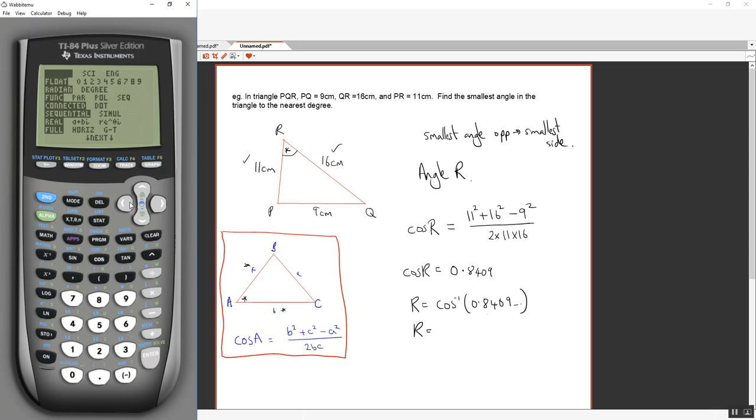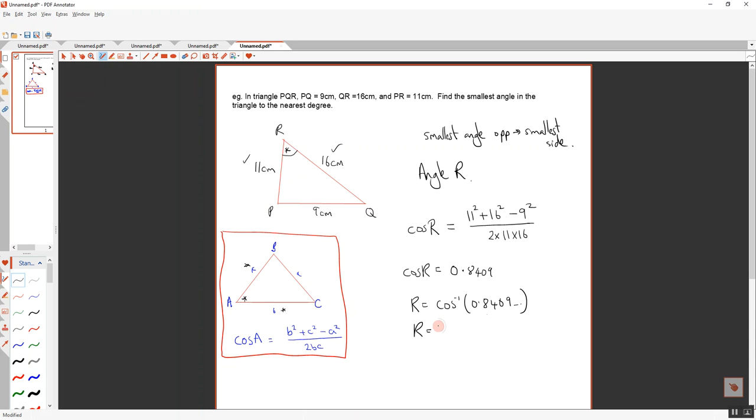Let me just make sure my calculator is on the right setting. Degrees. Yep. So I'm going to do second cos, so get inverse cos, and I want the previous answer. So cos of the answer, and to the nearest degree, 32.7, so I round up, it's going to be 33 degrees. Okay.